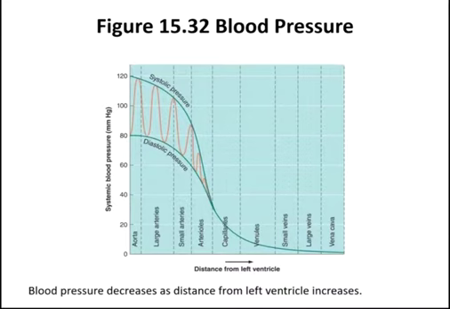Now, as I said, as we go through the arteries and through the whole blood vessel circuit from out of the heart back to the heart, the pressure is going to change. At any given moment, the aorta is going to have the largest difference between the systolic and the diastolic pressure, and both of those values are going to be pretty high.